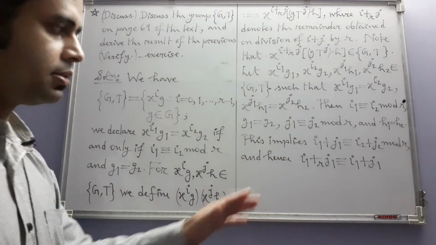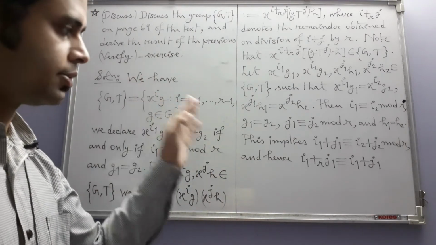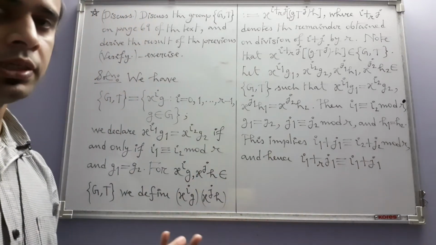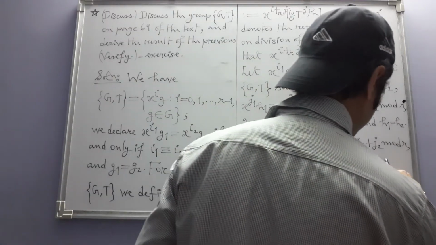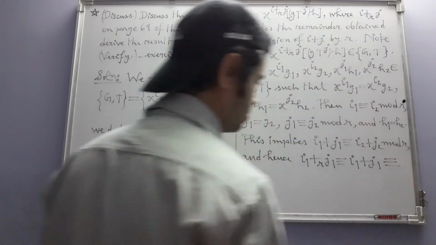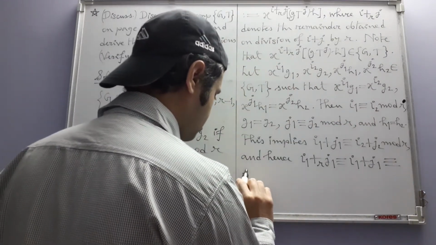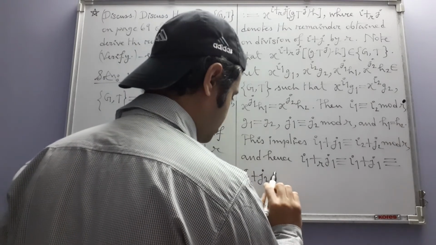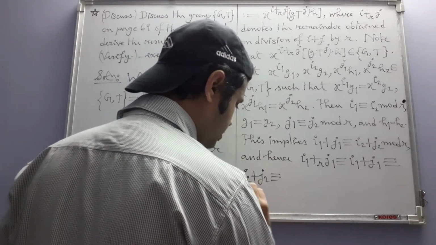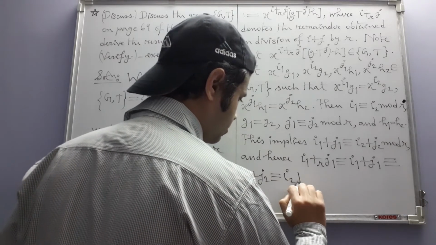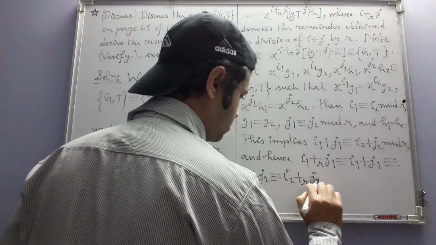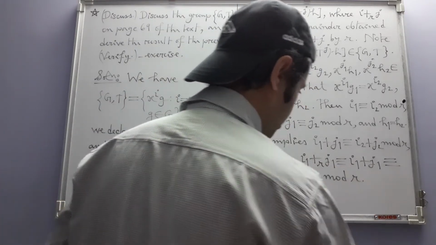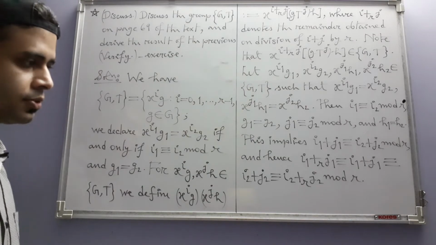We have already seen in the previous verify exercise solution why these two things are congruent to each other modulo r. And this we have just now shown is congruent to i2 plus j2, and this in turn is congruent to i2 plus_r j2 mod r. Okay.